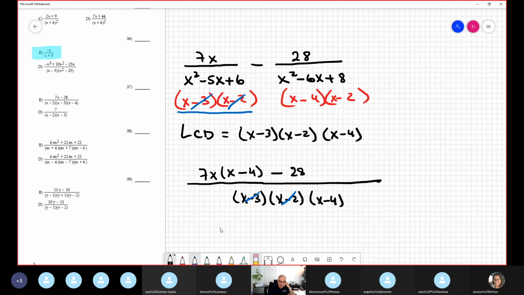And for the second, when you divide the LCD by the second denominator, obviously x minus 4 cancels, x minus 2 cancels, and only x minus 3 stays. So x minus 3, right? X minus 3. Is that the same or not?